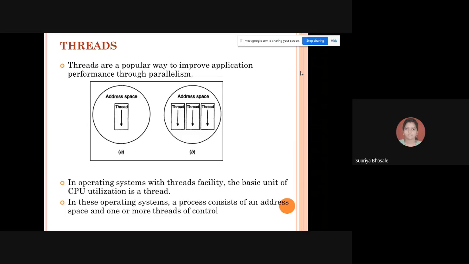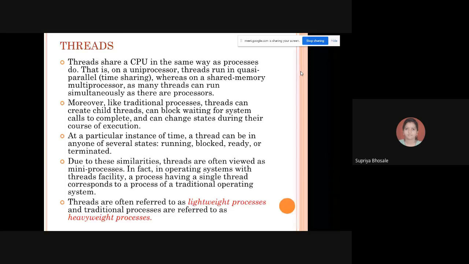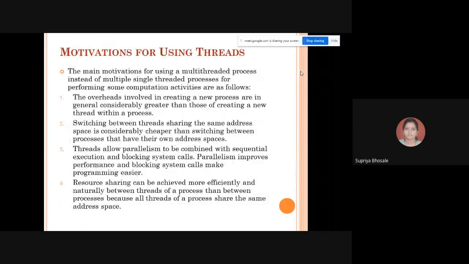Then we have seen the concept of threads, in which what is lightweight processes, heavyweight processes, then motivations for using the threads. We have seen how we are implementing it in case of Java.